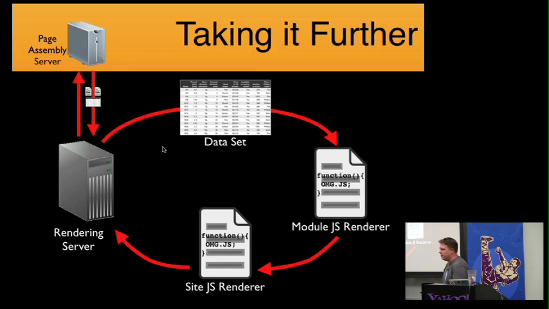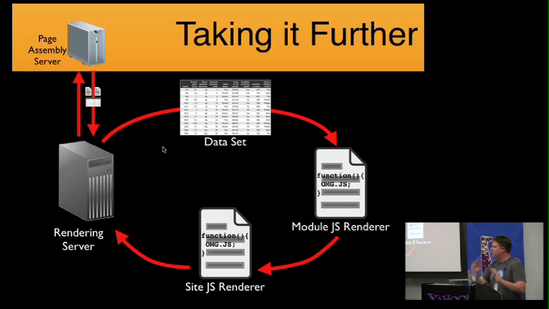So this wouldn't be too hard to do. The prototype doesn't do it, but it makes sense. You could have this rendering server execute any number of renderers. So you could have different phases of rendering, one for just vanilla markup, one that adds classes, one that does, I don't know, click tracking or something.